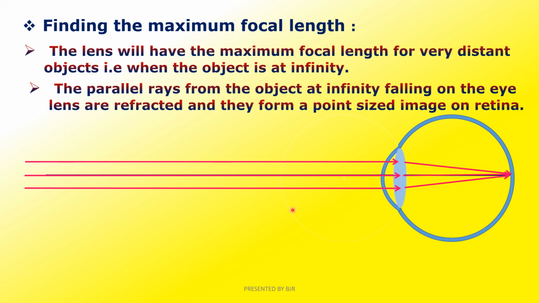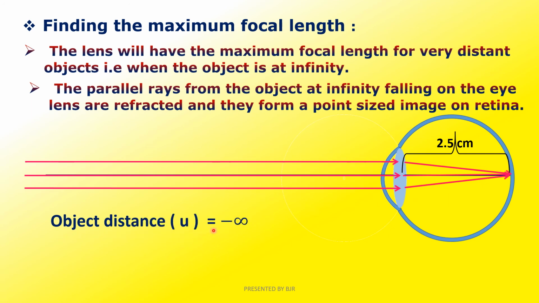Now we have to substitute these values in the lens formula. So object distance u equal to minus infinity and image distance v equal to 2.5 centimeters.